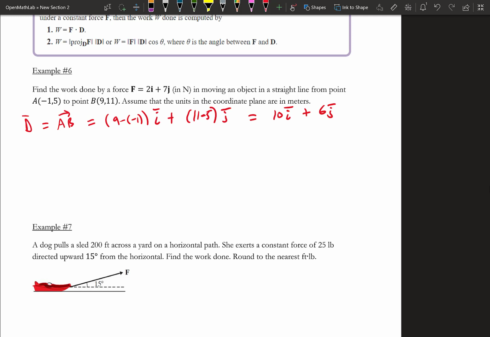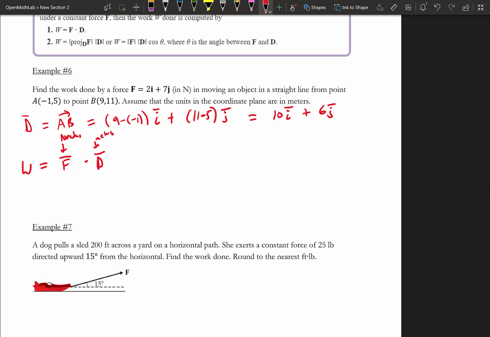So then the work, oops, that's not a vector, just the work is equal to vector F dot product vector D. And just to note that this is measured in newtons and this is measured in meters.